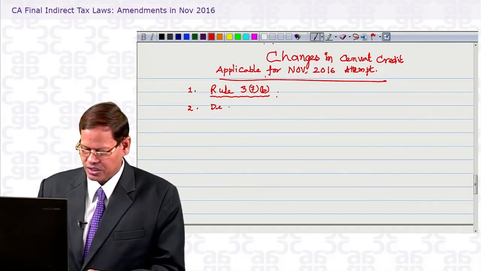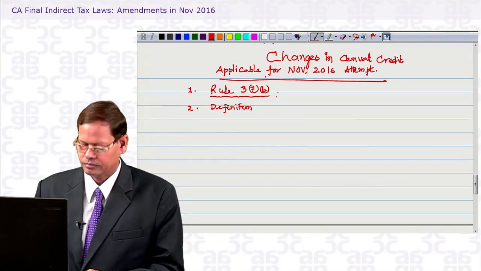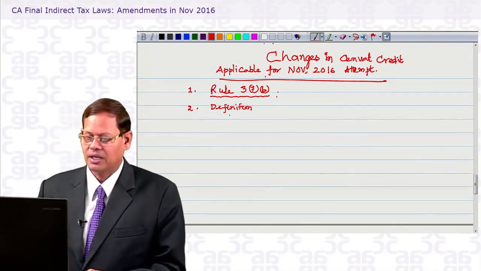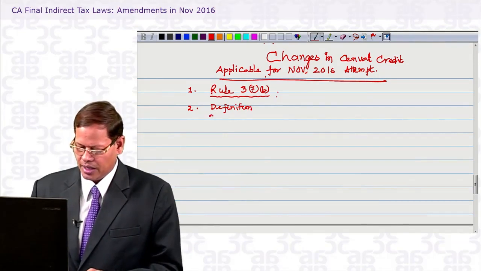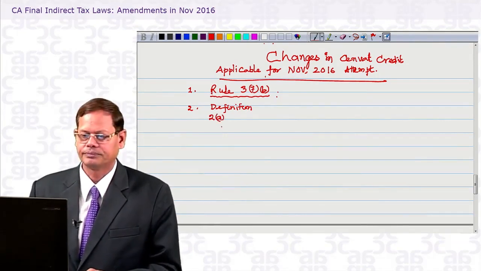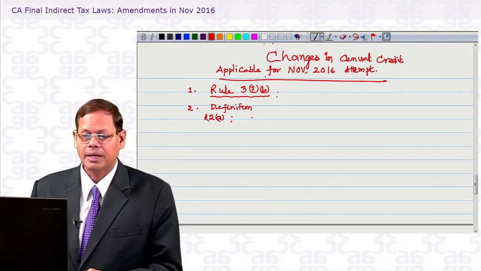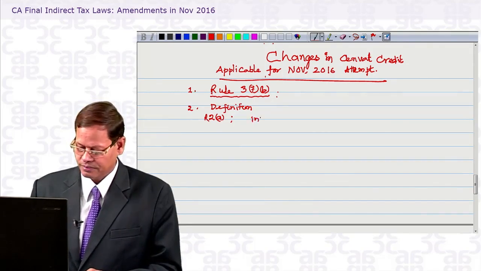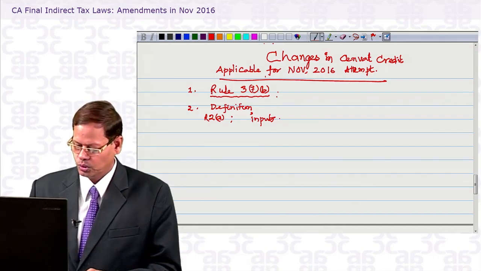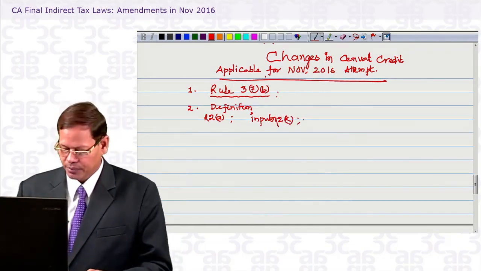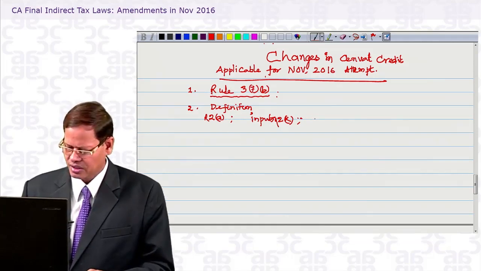See the definition part. And definitions particularly, you see, capital goods, Rule 2A of CENVAT credit rules, and inputs, Rule 2K, and input service, nothing significant.